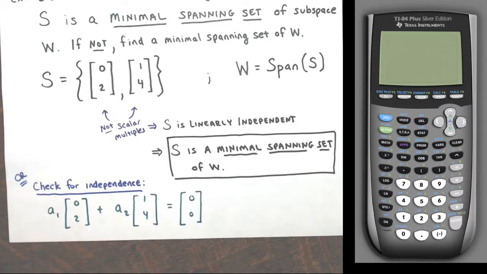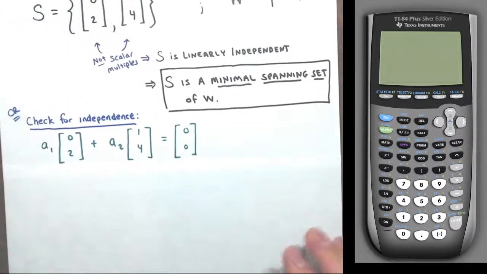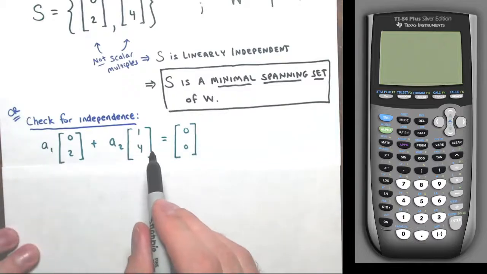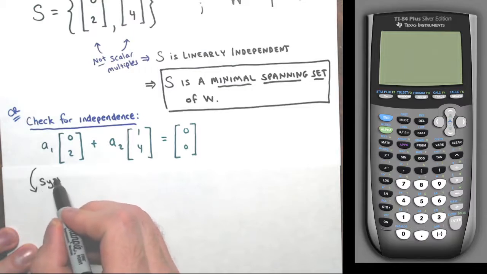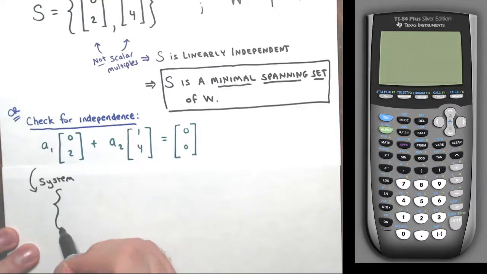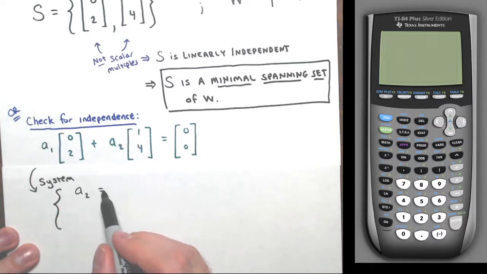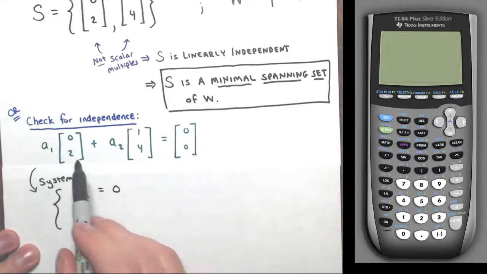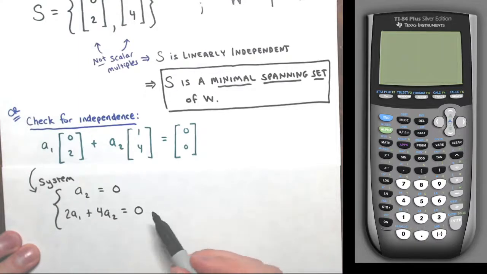All right, and what I have here actually boils down to solving a system of linear equations involving A1 and A2. So solving this equation for A1 and A2 results in this system, where if I look at the first components, it's just A2 equals 0. And for the second components to be equal, I need 2 times A1 plus 4 times A2 to be equal to 0 as well.